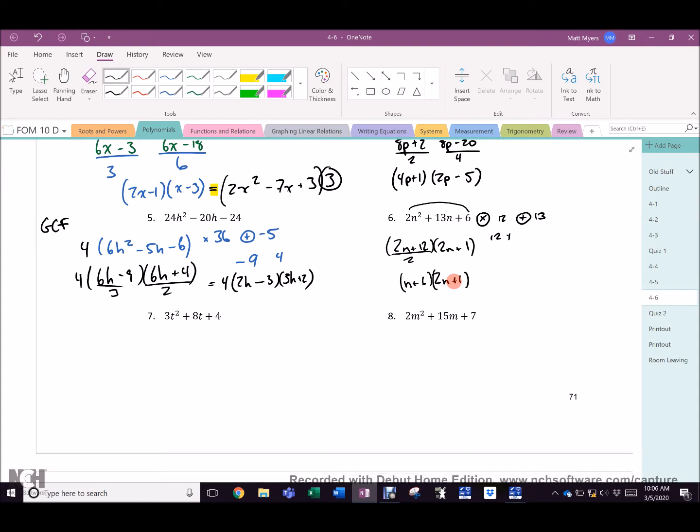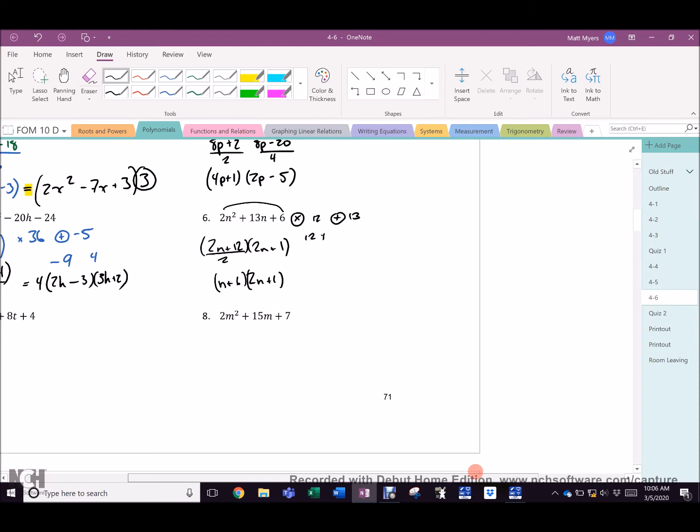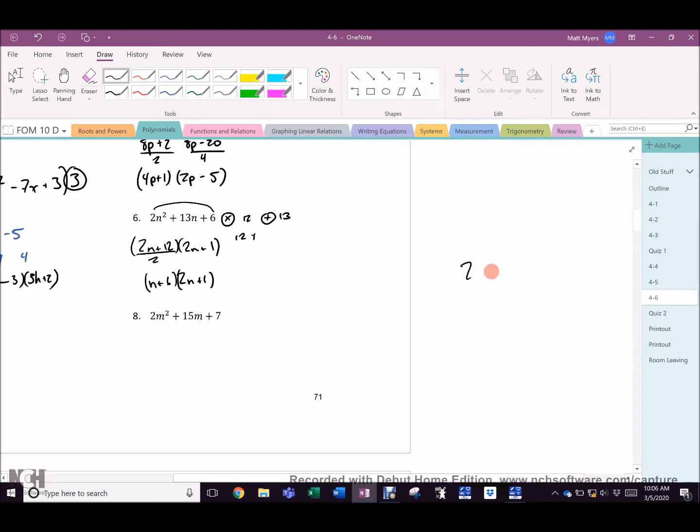Now, something that bugs everybody with this method is that in this case, we are throwing out that GCF, aren't we? Now, if I just gave you 2n plus 12, and told you to factor it, you would divide it by 2, and the answer would be 2n plus 6, wouldn't it? Normally.